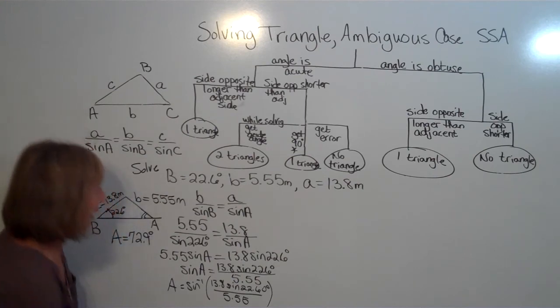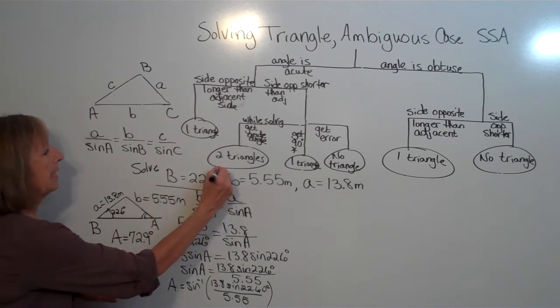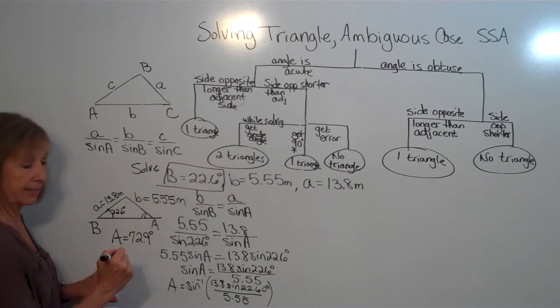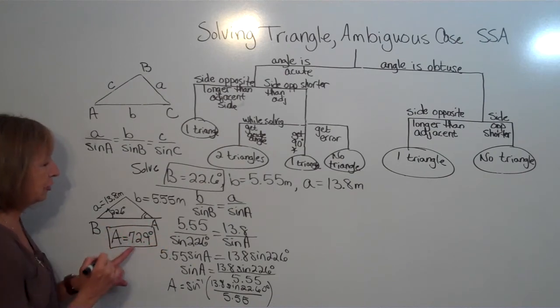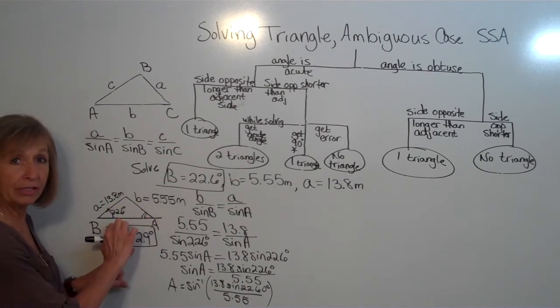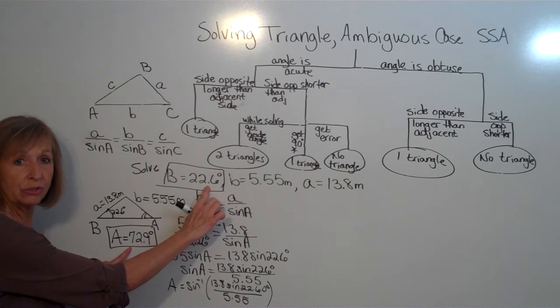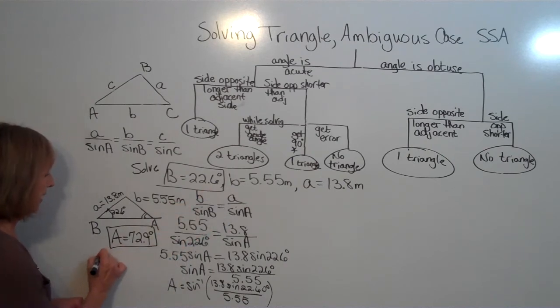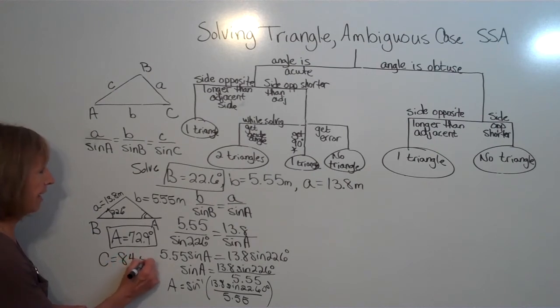So our first triangle, we have our angle B is 22.6 degrees. Our angle A is 72.9 degrees. And when I take my total of 180 degrees and subtract off the sum of these 2 angles, we are going to get that angle C is equal to 84.5 degrees.